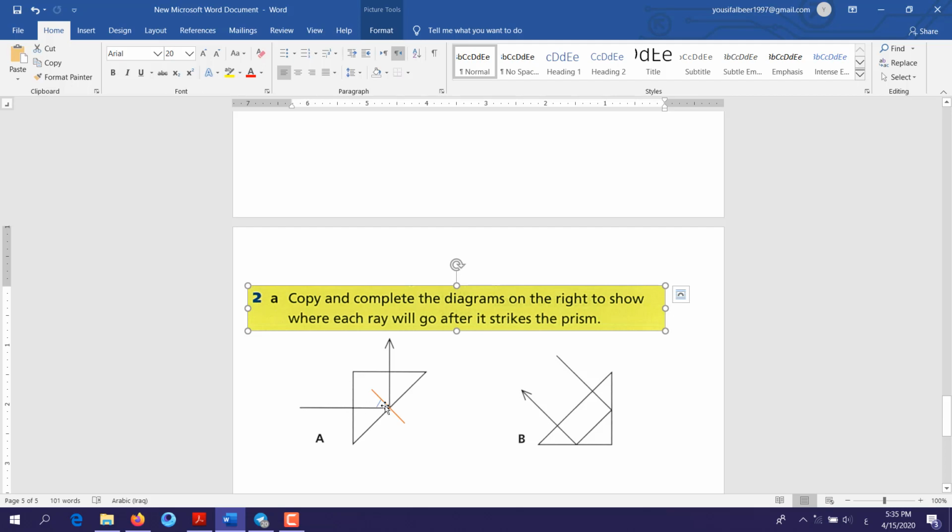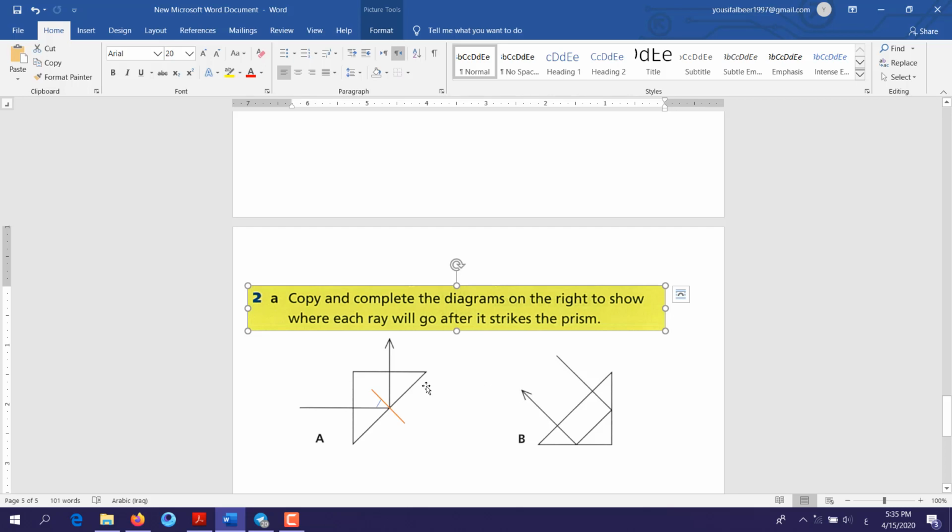Because it's 90 degrees, there will be total internal reflection. The same thing here. Here also it's striking the prism at an angle of 90, so it goes straight and there will be total internal reflection.